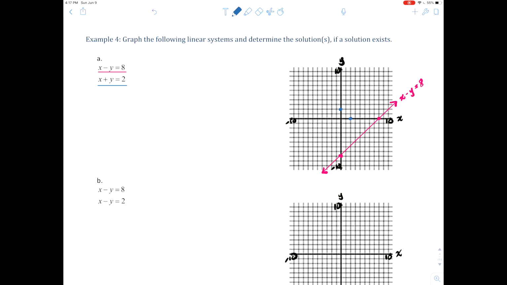So I'll have those two ordered pairs. And what happens?